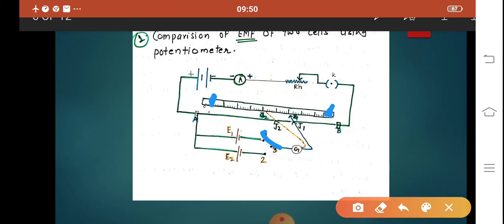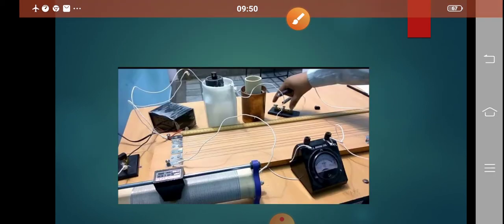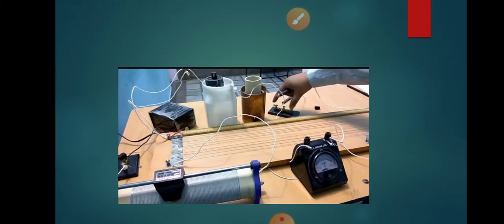Let it be when the jockey is at J1. What is J1? J1 is that point at which the galvanometer shows zero deflection.